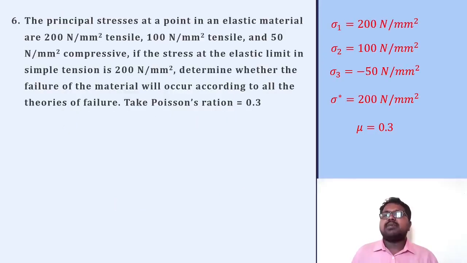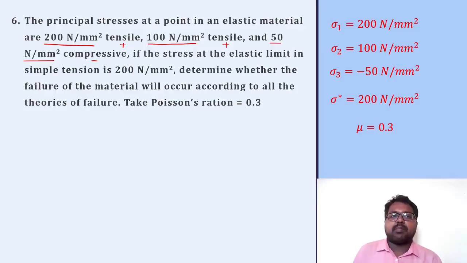See, this problem is given like the principal stresses at a point in an elastic material are 200 Newton per mm square, which is tensile, 100 Newton per mm square, this is also tensile, and 50 Newton per mm square, this is compressive. Three stresses, sigma 1, sigma 2 and sigma 3 are given as 200 Newton per mm square tensile, 100 Newton per mm square tensile, and sigma 3, 50 Newton per mm square, sorry, compressive.